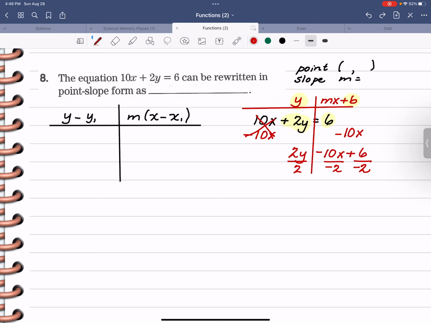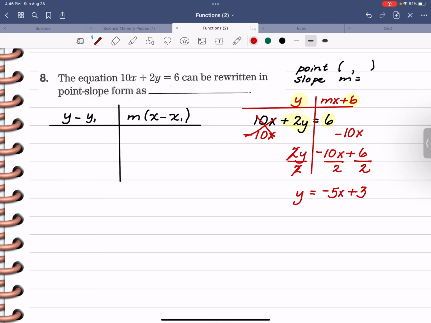And I think they made the same mistake I did for some reason. Where did I get negative 2? Because it's just a positive 2. This problem is just bizarre to me. I don't know why. It shouldn't be. It's just a problem. But here's what I came up with. y equals negative 5x plus 3.